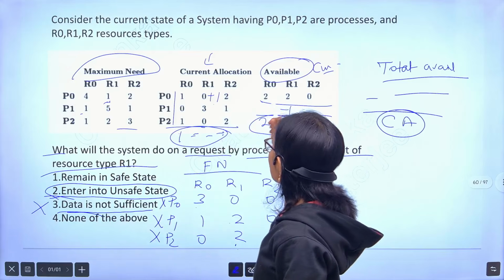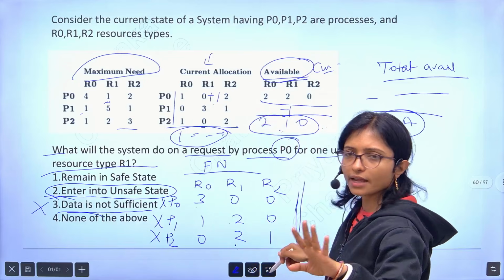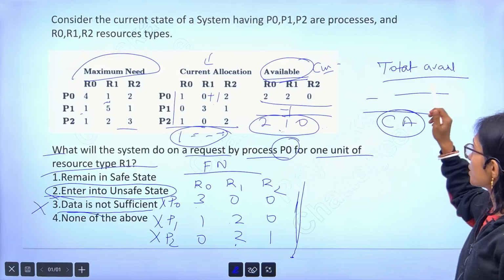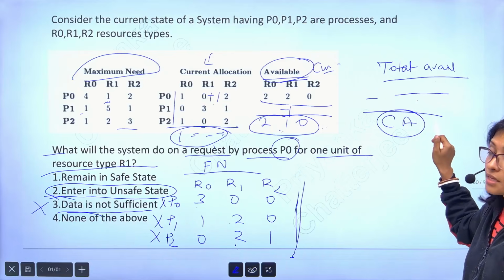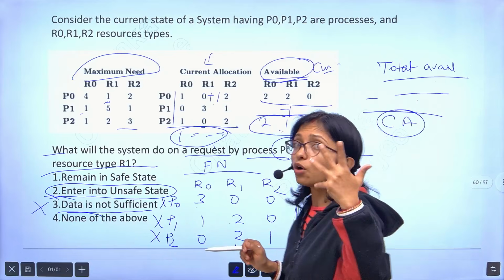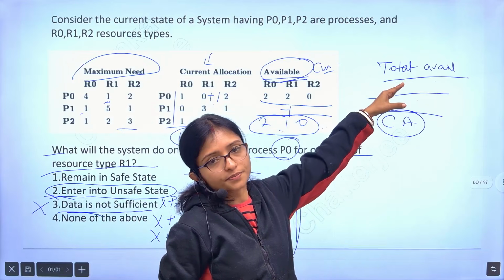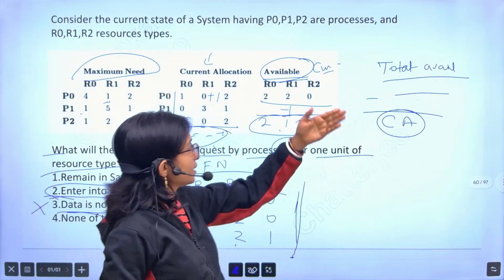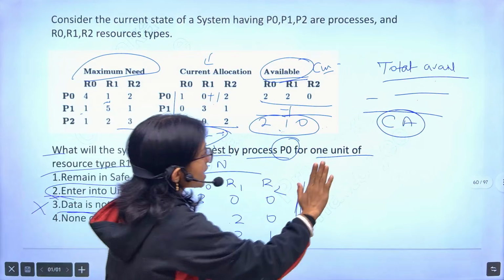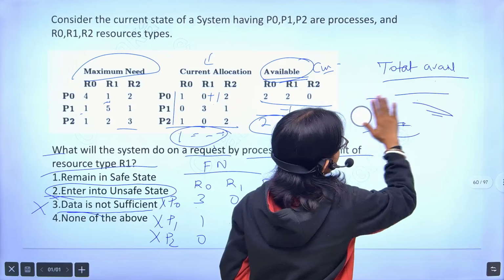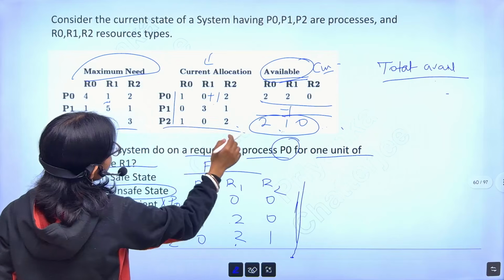If they are mentioning only available, then directly do it. If they are mentioning total availability, then add all these values, do minus, and calculate current availability. Total availability means it will be a big number. Just to clear it up, see what the total availability will be.